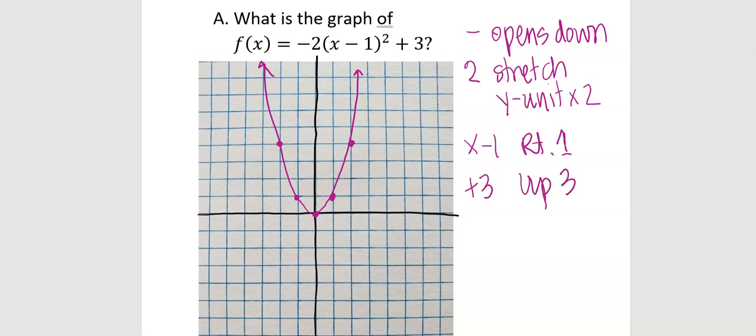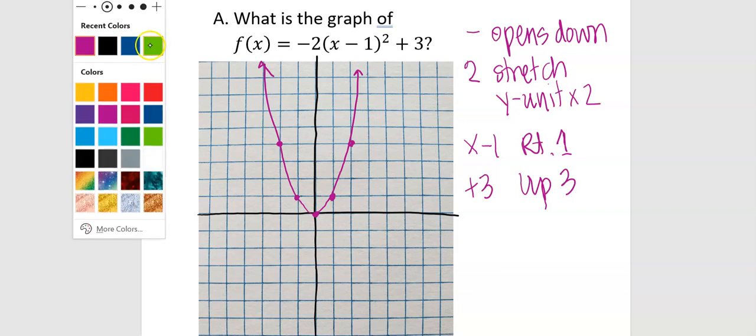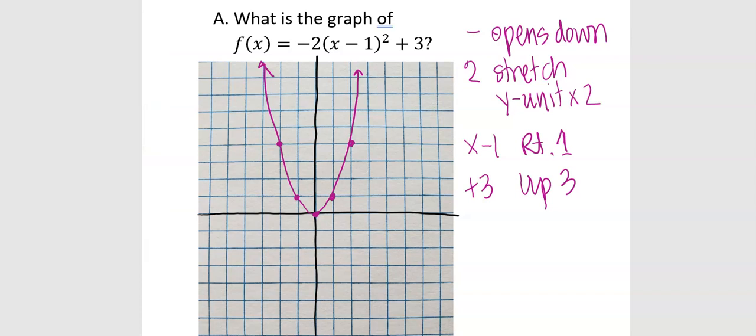So we're going to be moving this kind of all over the place. I'm going to do just parts of it. I'm not going to do like 5 different graphs like we did that day, but I am going to do the graph of the stretch and the down, and then we'll move the right 1, up 3 kind of at the same time. Okay, so I'm going to change colors here. If it opened down, we could just flip it directly where it is.